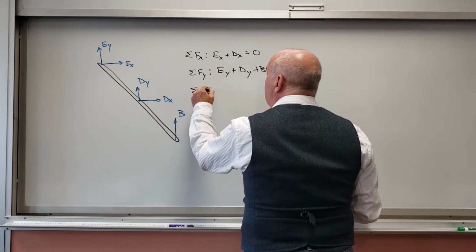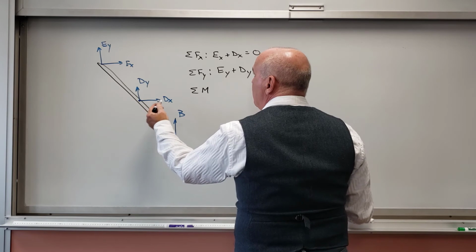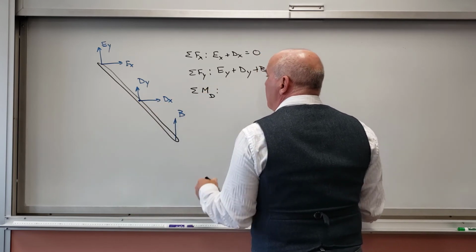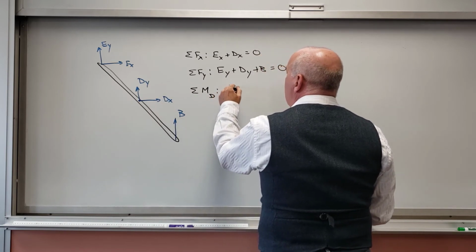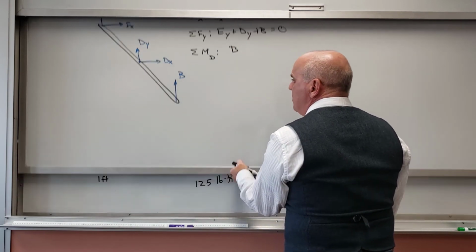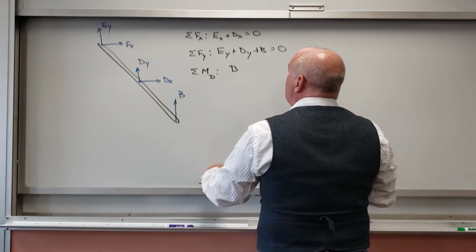And then sum of the moments. I'll take the moments about D. And I'm going to get B times this distance in here, which is, let's see, 1.5 feet, and that's counterclockwise.